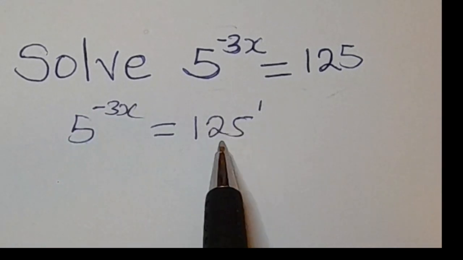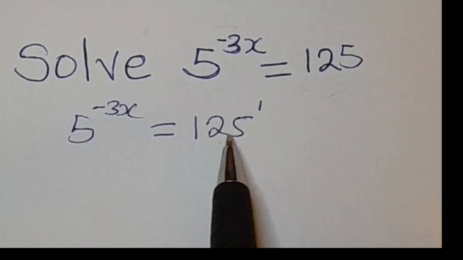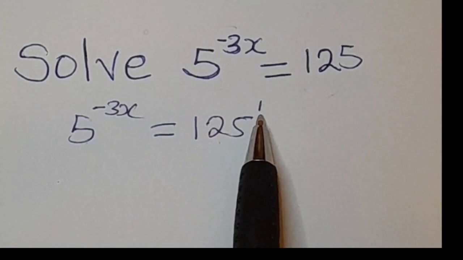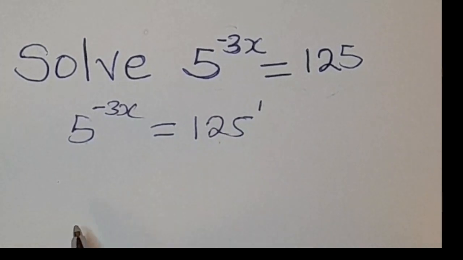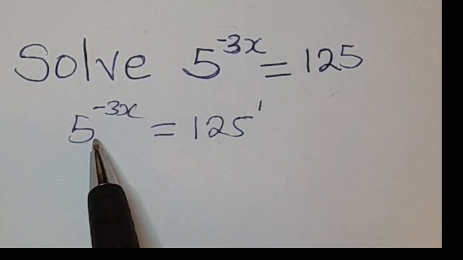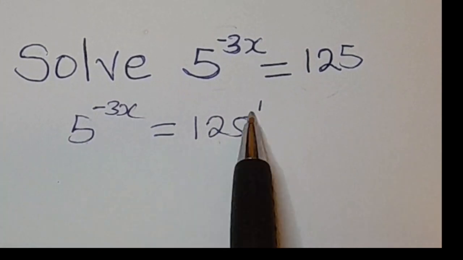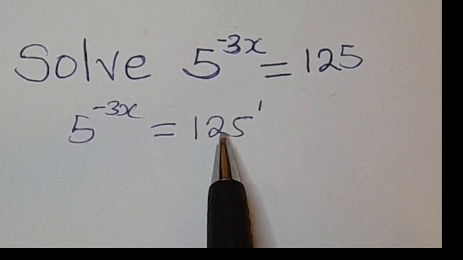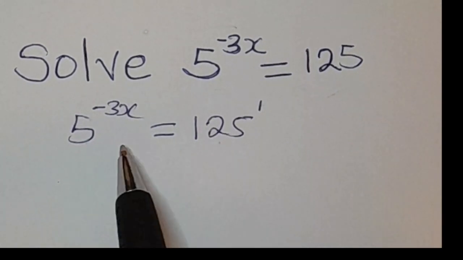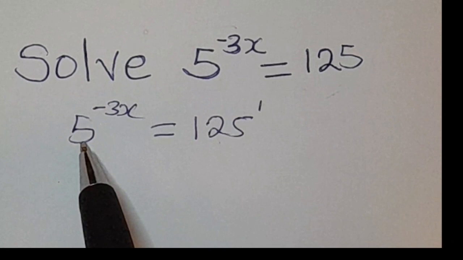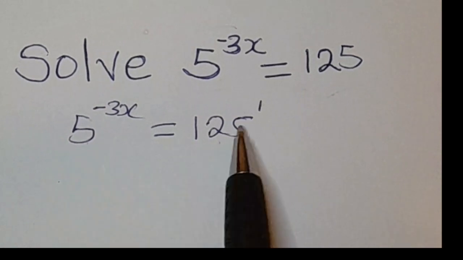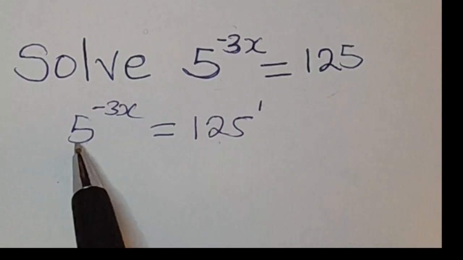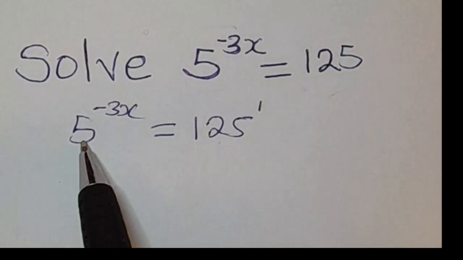Then on the right we have 125 as a base, and 1 as a power. Now we need to make sure that the bigger base is changed into a smaller base. So in this case, we need to change this 125 into a smaller base, which is 5.